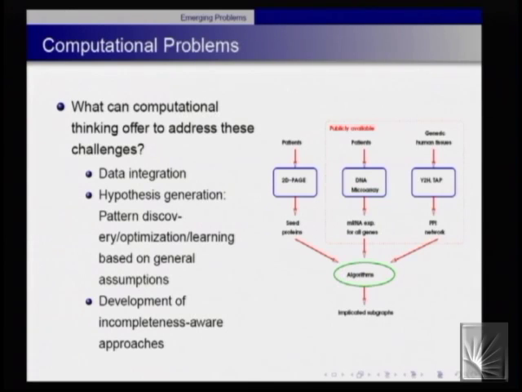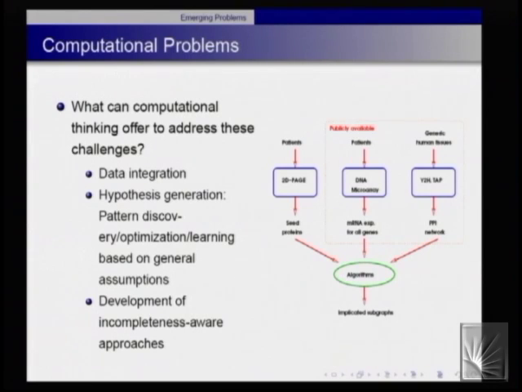What computational approaches can offer, I think, is first data integration. As I said, we have data from different sources, and we can use networks to integrate them. This is the map of what we are trying to do with collaborators at the Proteomic Center right now.